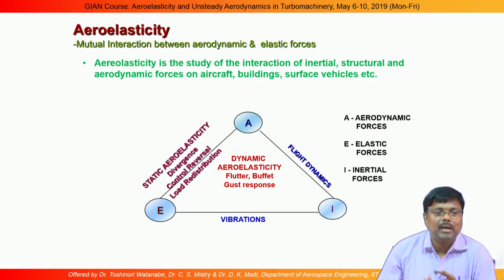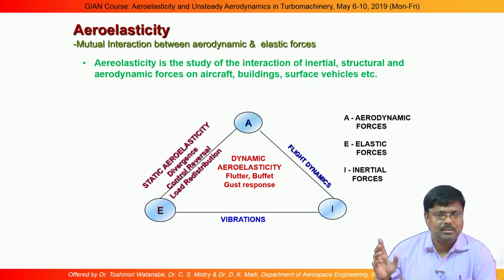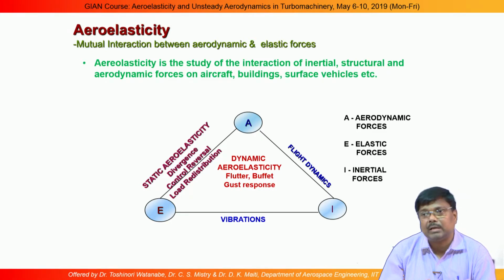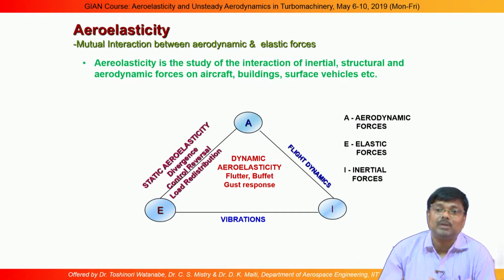So 1G level flight plus gust load is much below the 8G level flight. That is why it is usually not very critical for fighter aircraft, but it is very critical for transport aircraft. A transport aircraft can fly at maximum 1.5G or 2G, and its size is usually very big, so the effect of gust load is more.